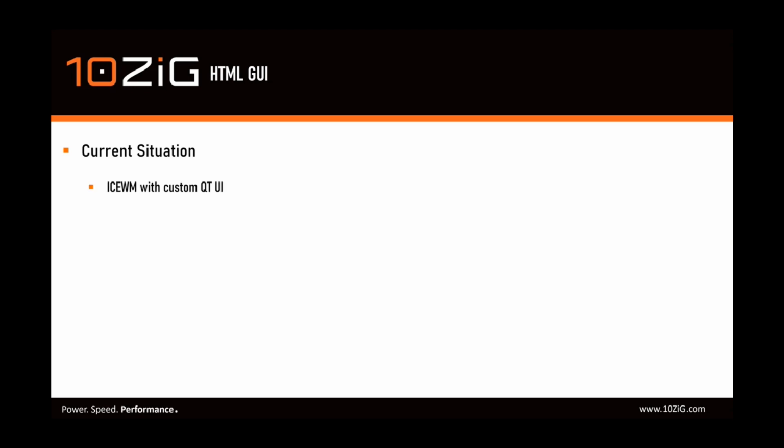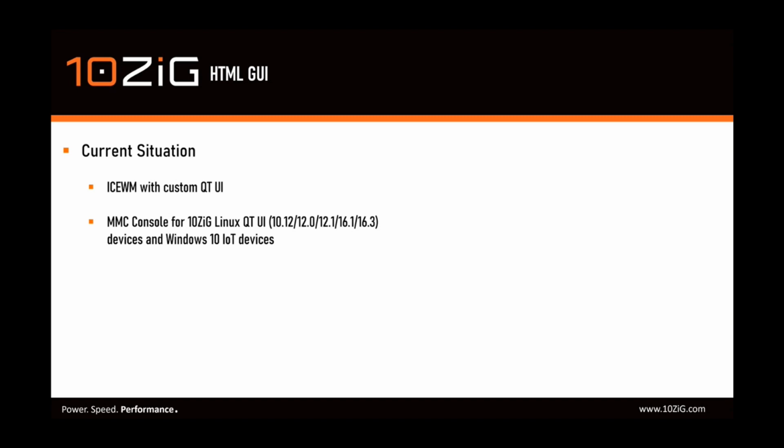So our current GUI locally now is the ICE Windows Manager, and we use a custom Qt UI. And you interact with that GUI and that unit via the MMC console. And we list some firmware versions there, so 10.12, 12.0, 12.1, 16.1, 16.3.